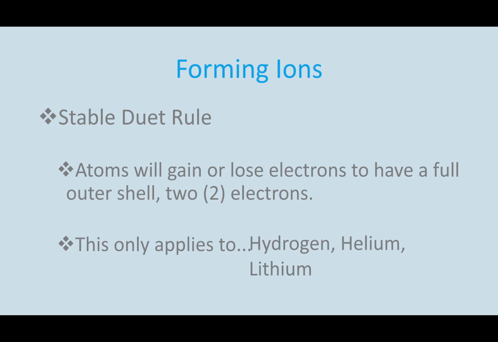This only applies to certain ones such as hydrogen, helium, lithium, and in some cases boron as well, where based on the number of electrons they have, they don't have enough to go for 8, so it's easier for them to go for 2 electrons in their outermost shell.